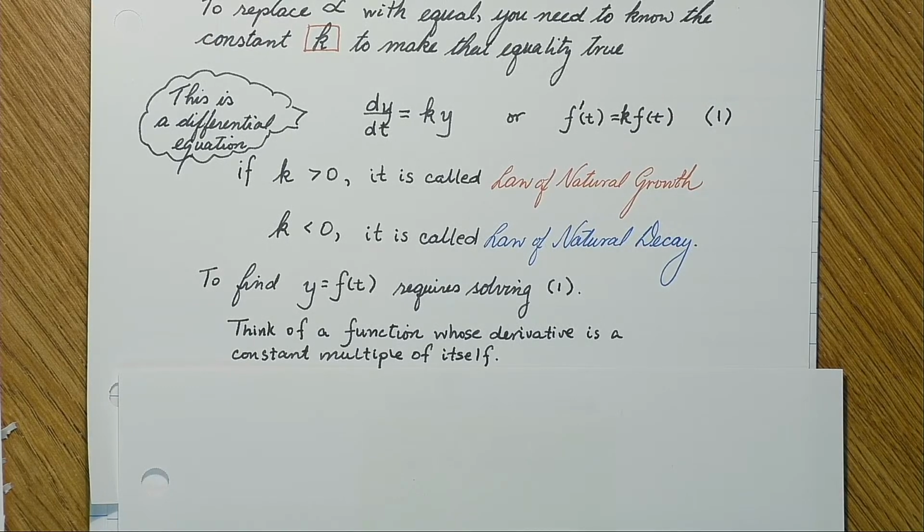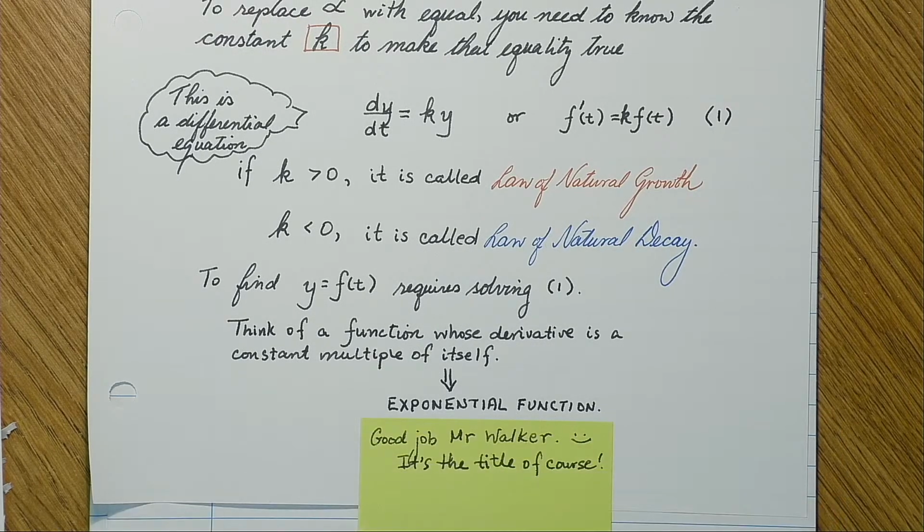What function is a derivative of itself times, well, we've seen this previously. Mr. Walker, of course. Yeah, it's the exponential function, exactly. And thank you for pointing that out. Good job, because it's the title of course, for our lecture. So we're going to use the exponential function.